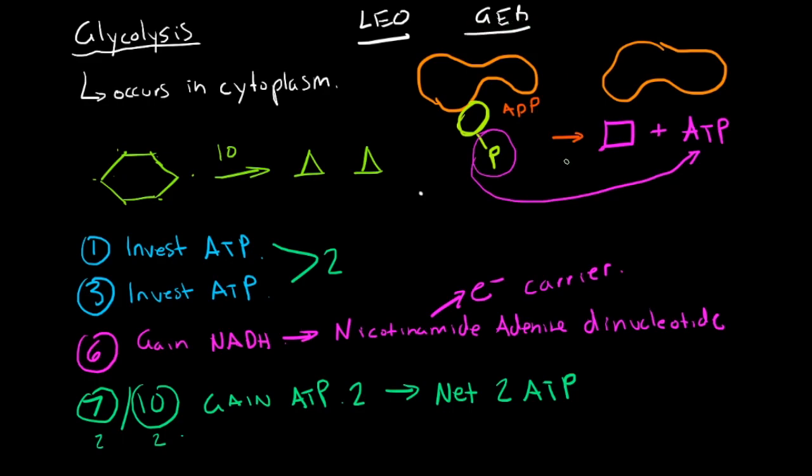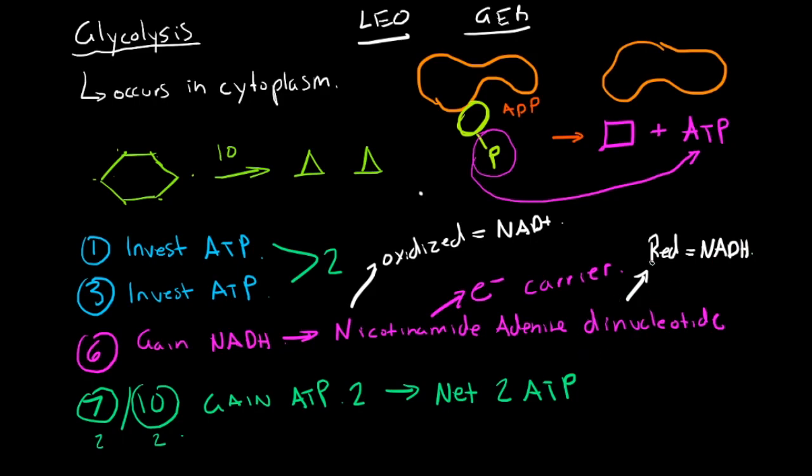So in its oxidized form, it has no electrons attached. If we look here, oxidized, it would be NAD+. No electrons attached. And then its reduced form is NADH. So it has electrons attached.